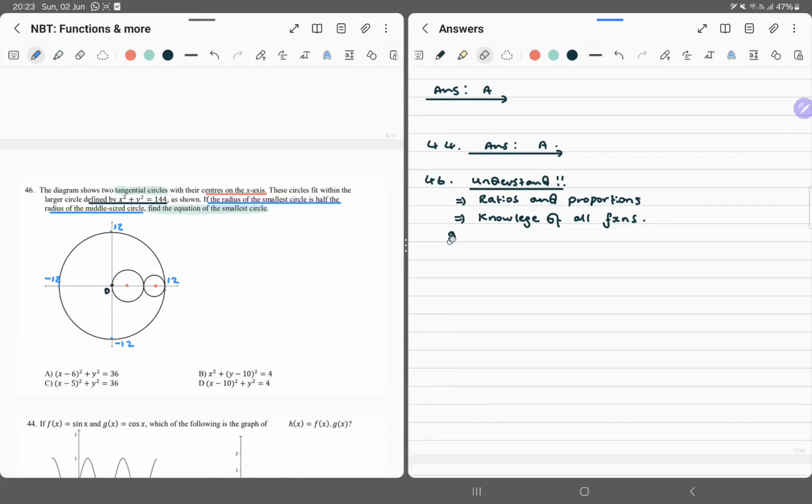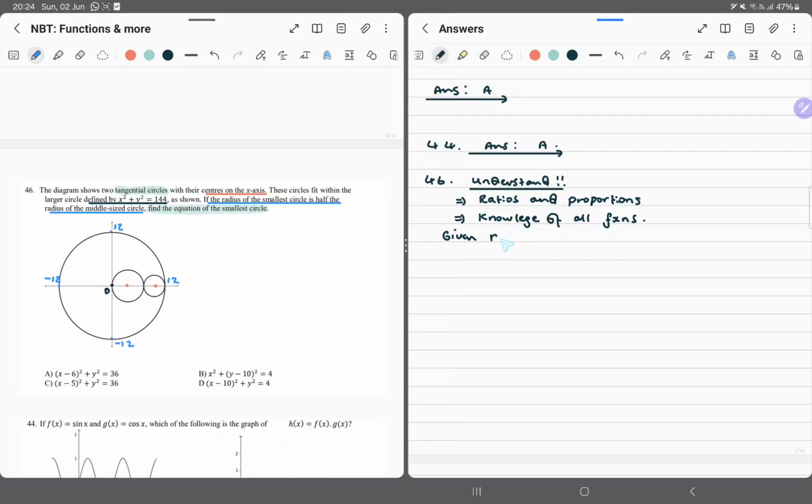That's great. But then when we are given this, maybe let's write it this way. Given that the radius of the smaller circle is half the radius of the medium circle, how do I write it?